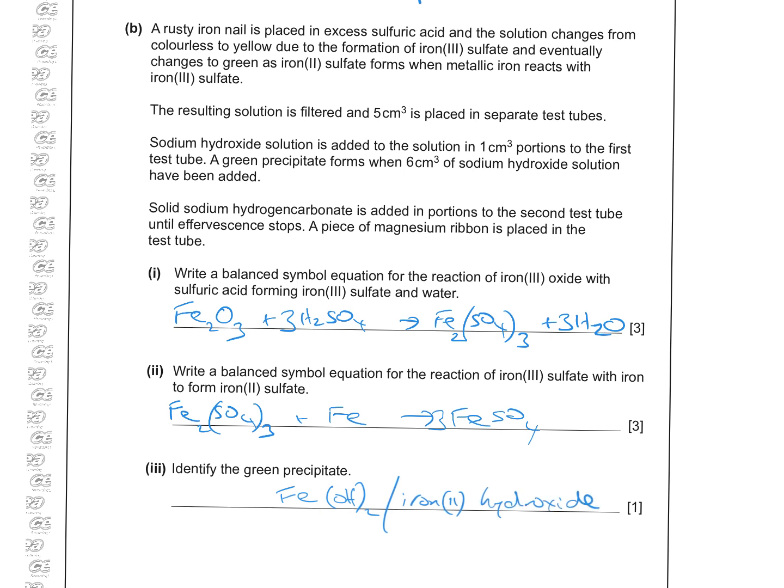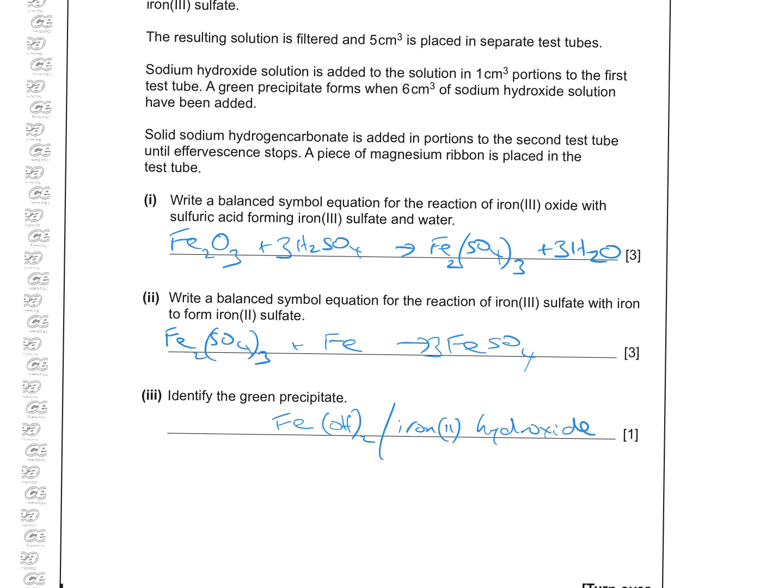So I'm just going to write an ionic equation for that. So we've got our iron 2, that's the green solution. It reacts with hydroxide ions from the sodium hydroxide solution to form a green precipitate of iron 2 hydroxide.